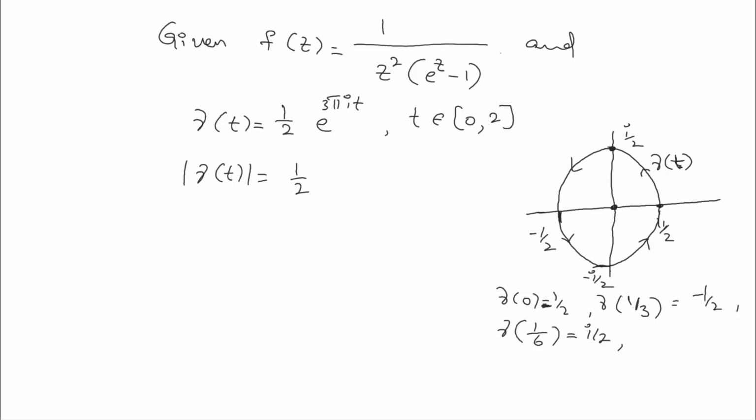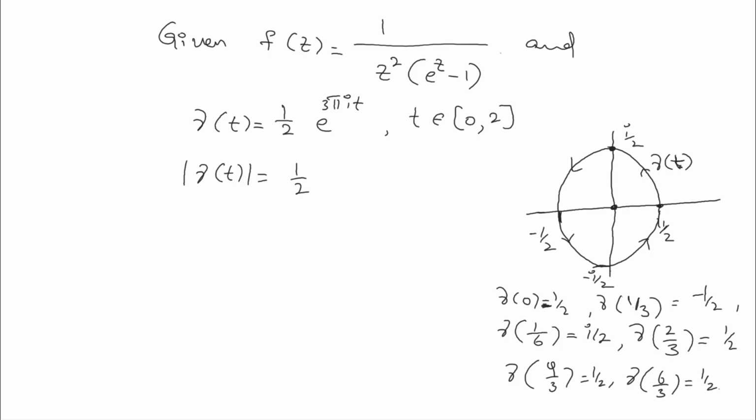So simply by moving the point t from 0 to 2π, we are getting gamma of 0 equal to 1 divided by 2, whereas gamma of 2π by 3 equal to 1 by 2 again, gamma of 4π by 3 equal to 1 by 2 again, and gamma of 6π by 3 equal to 1 divided by 2 again.